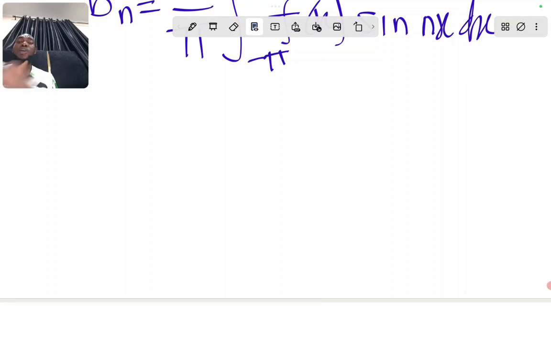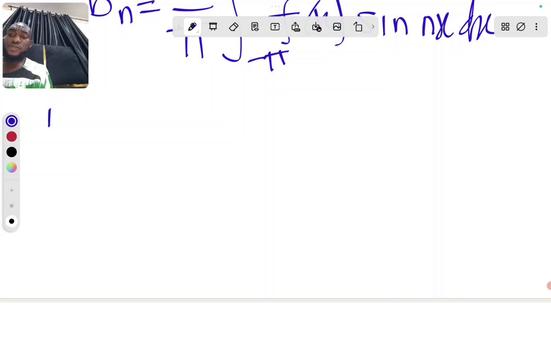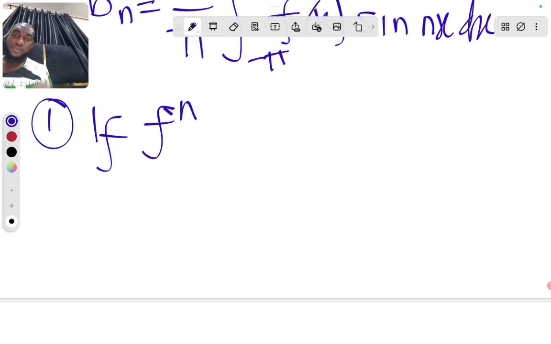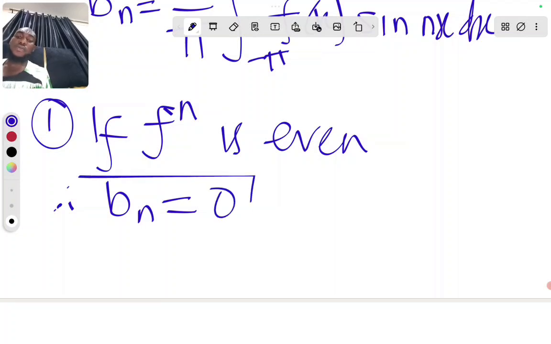Now the next thing that you have to learn is that once you are dealing with period 2, if the function that you are given is even, you have to take down these three things. One, if the given function is even, therefore the bn must be equal to 0.